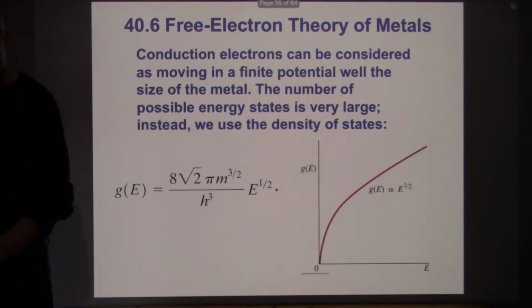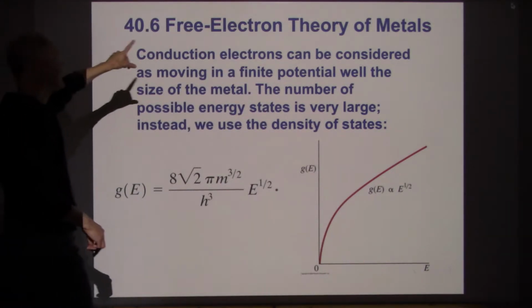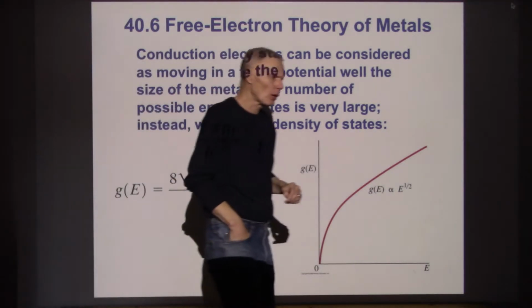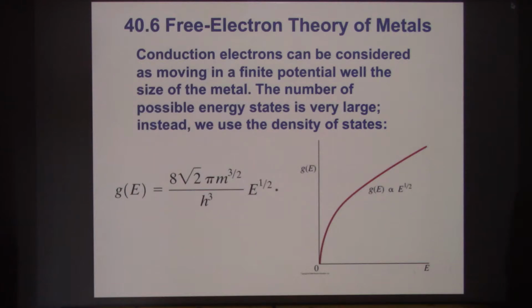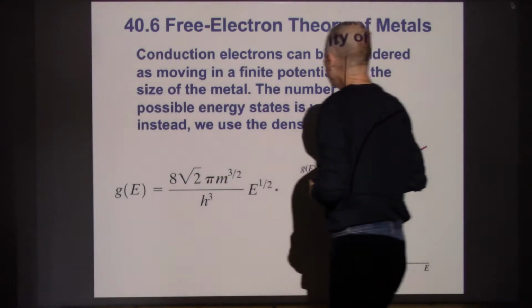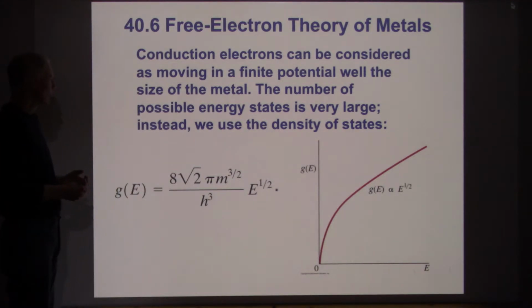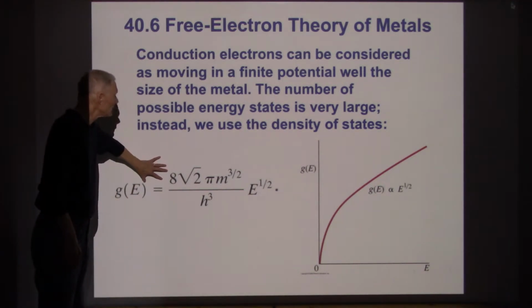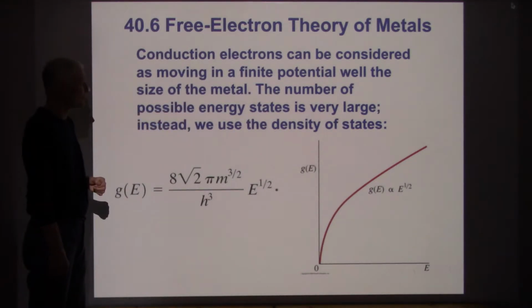So to represent that, we say that this is called the free electron theory of metals. The idea is that every electron is spread out over the entire piece of metal, and by making that assumption, we'll see in some future slides, here is a formula that tells us something about what's called the density of states.